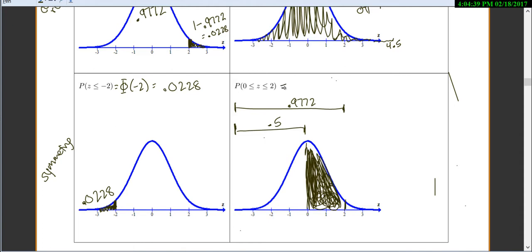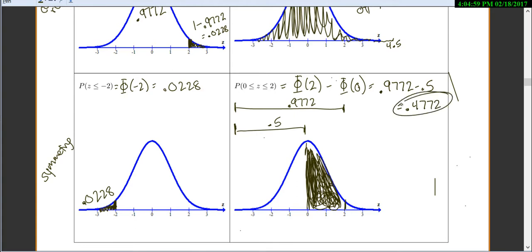So anytime you want the area in between two numbers, we'll always do the subtraction. So you'll look up the bigger number, and then look up the smaller number and subtract them. So you always do the bigger one first. So 0.9772 minus 0.5 gives me 0.4772.